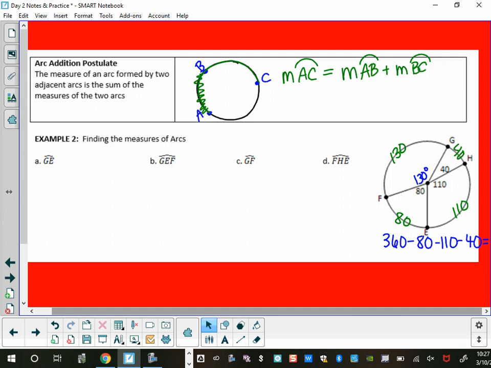So if I go to the left, you see how that's more than half the circle? So that would be a major arc. So I need to go from the right, G to H to E essentially, but we're just doing GE. So I have 40 plus what? 110. So what is the measure of GE? 150 degrees. Don't forget your degrees.